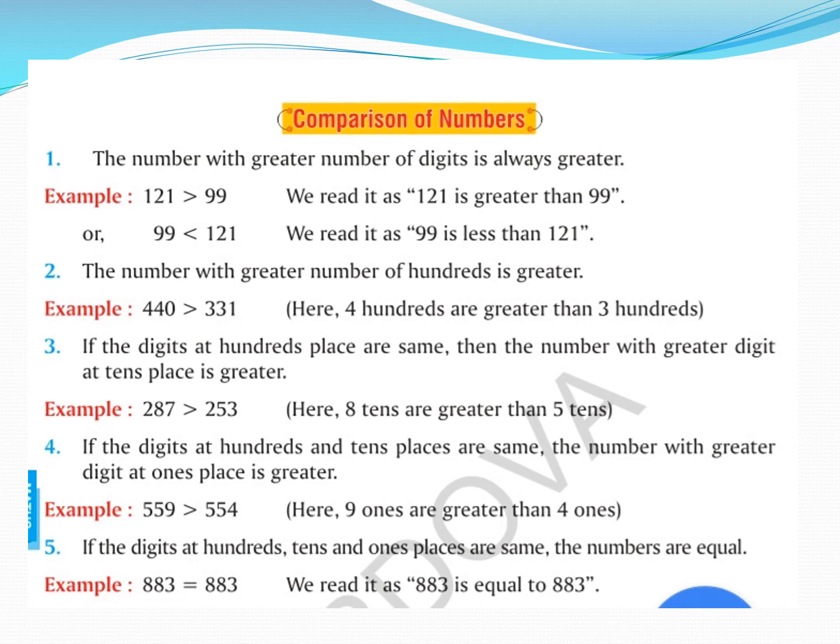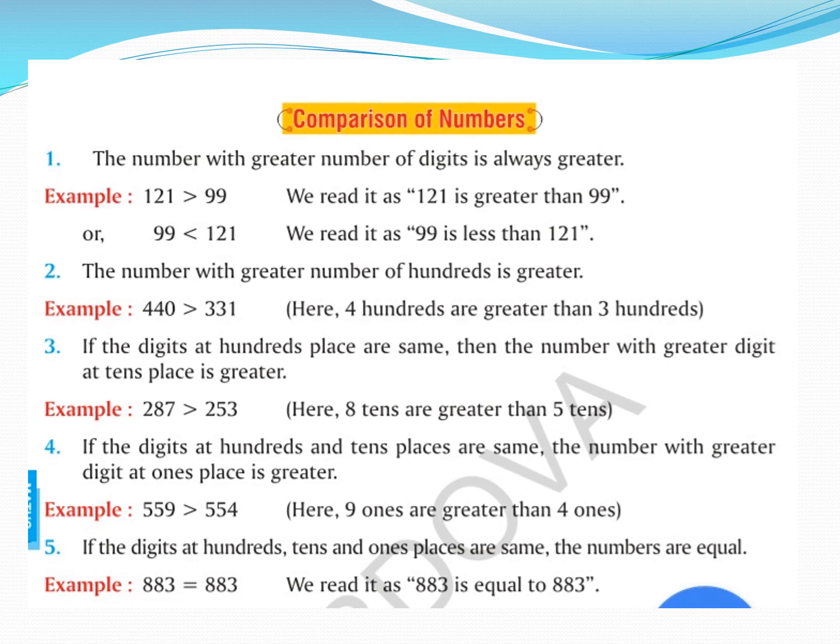Okay, if the digit at hundreds place are same, then the number with greater digit at tens place is always greater. For example, 287 is greater than 253. Here, 8 tens are greater than 5 tens.